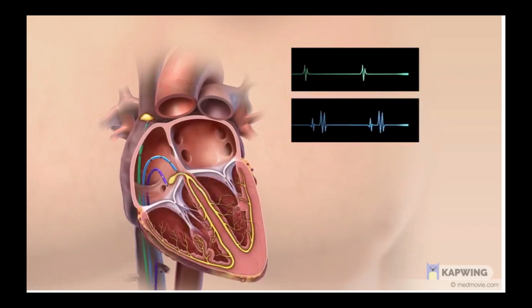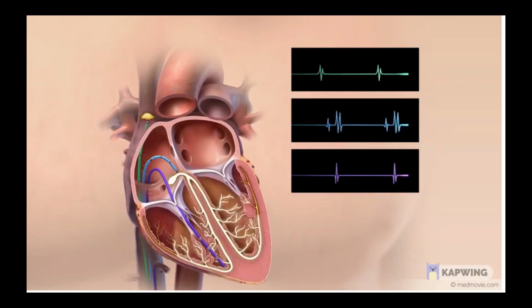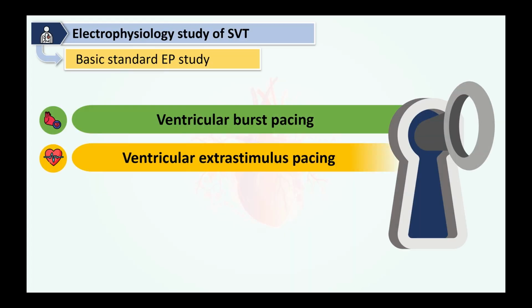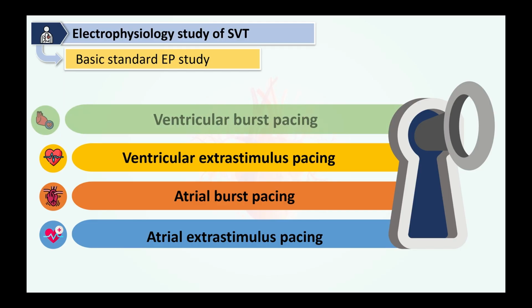Then we go to antegrade conduction through pacing from the atrium to differentiate between nodal and extranodal. As we know, when we do the basic standard EP study, we do ventricular burst pacing and extra stimulus to see the antegrade conduction. So let's see the antegrade and retrograde conduction.